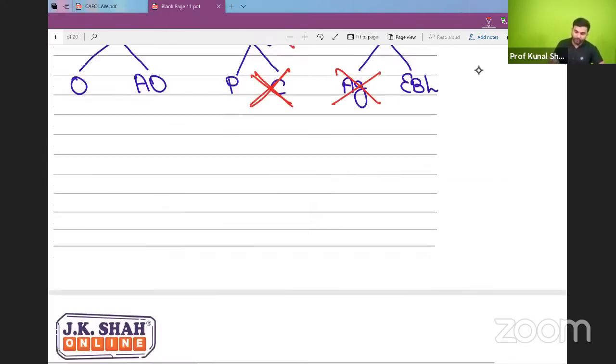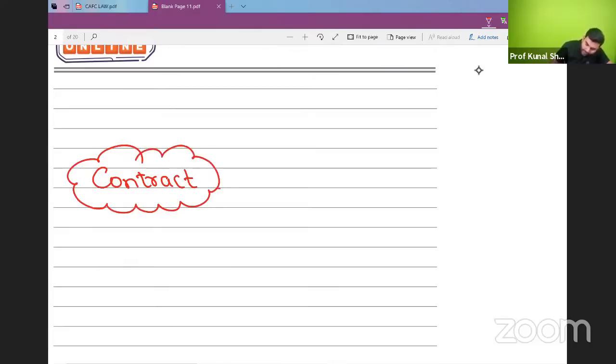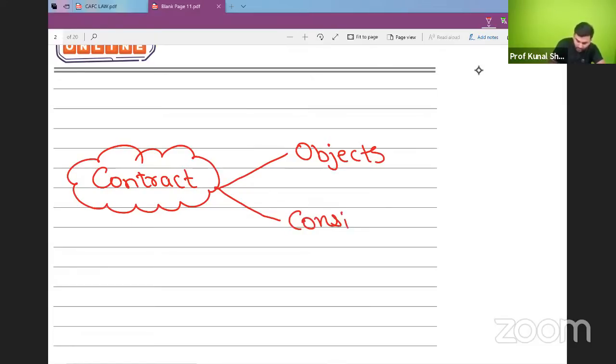Whenever we enter into a contract, can I say every contract has got some objects? Yes, every contract has got some objects, and every contract also has some kind of consideration. So inside every contract, you will come across an object and you will also come across some kind of consideration.